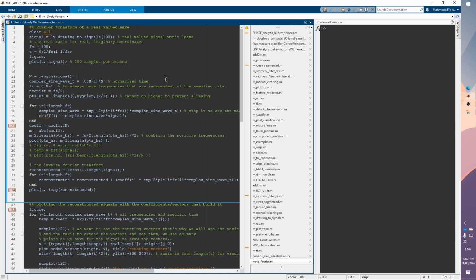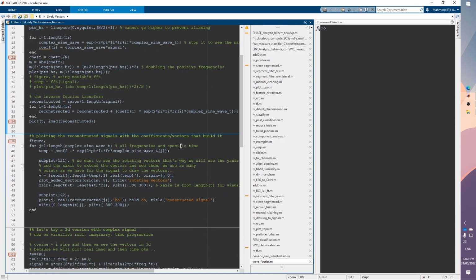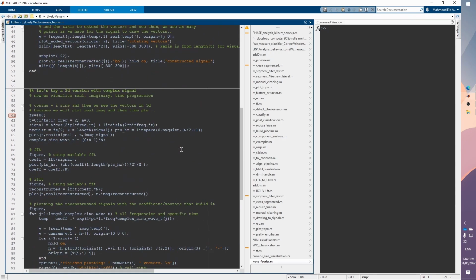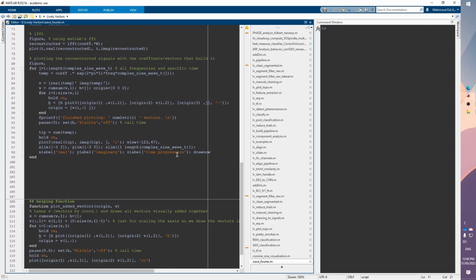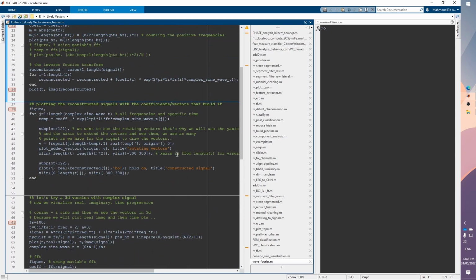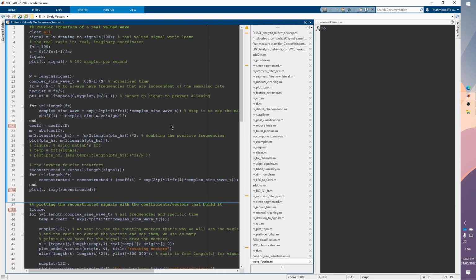So let's try talking about the Fourier transform, and in this one I have created this script in MATLAB. Feel free to read this script and change it, and I will go through this script line by line and we will see what it is doing.